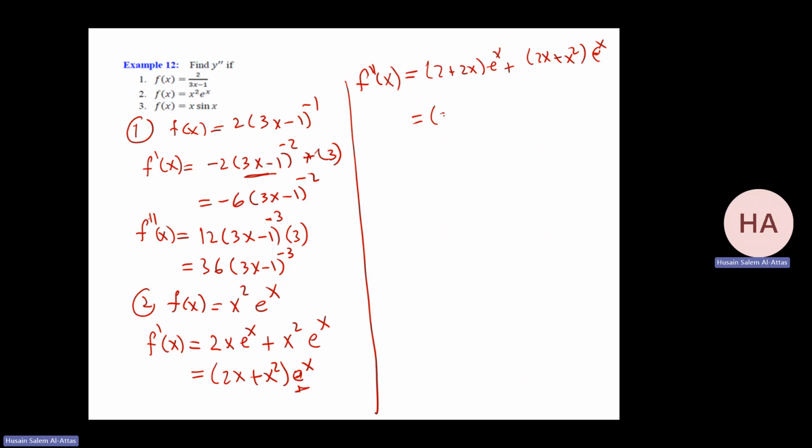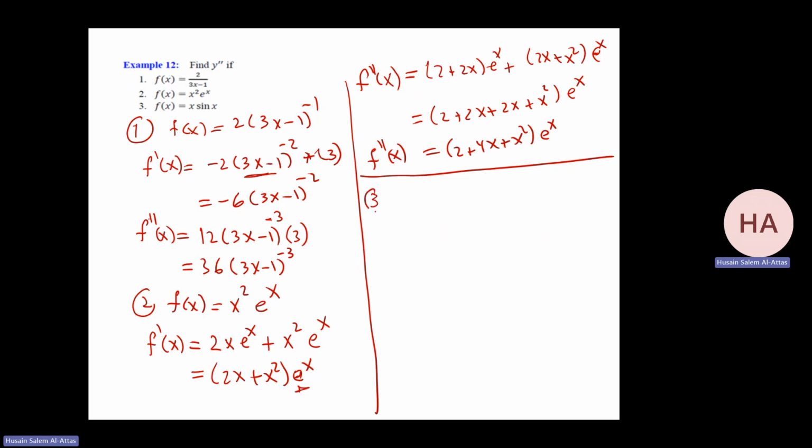Now I have (2 plus 2x plus 2x plus x squared) e to the power x, which is (2 plus 4x plus x squared) e to the power x. Done. We found the second derivative for this function.